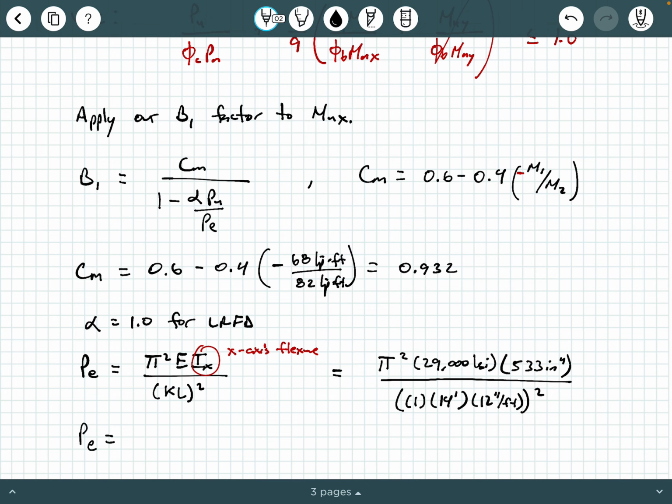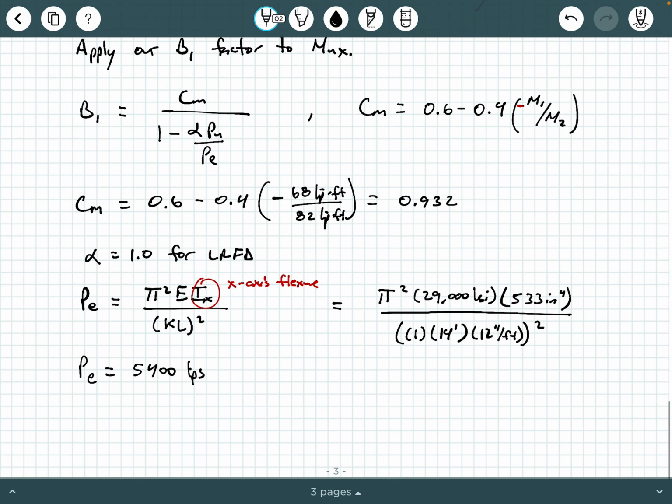I already punched this through, but I always like to check myself. So I'm getting 5,400 kips as my P Euler. Make sure you punch that in your calculator and you get the same thing I'm getting.